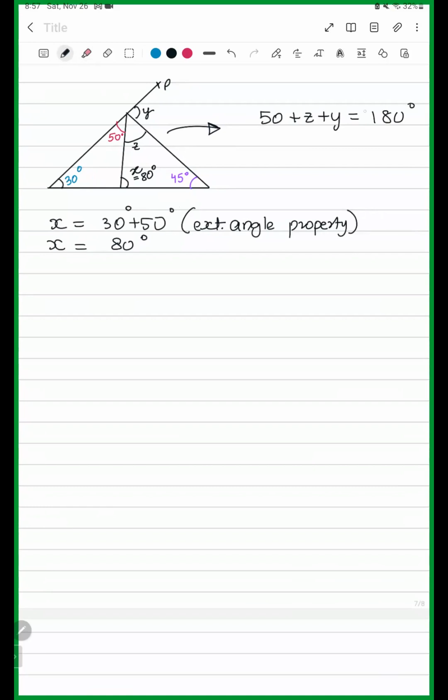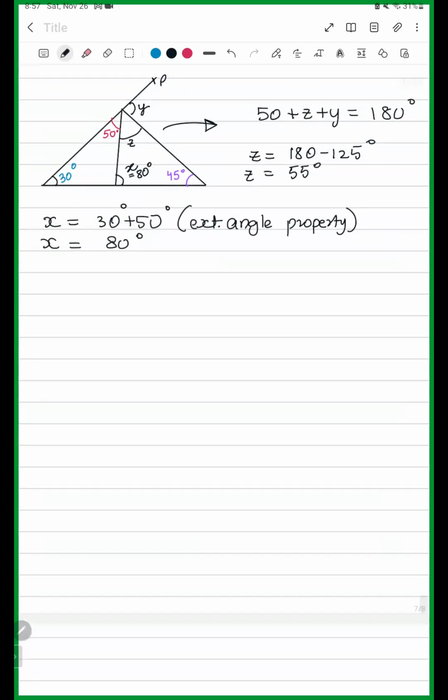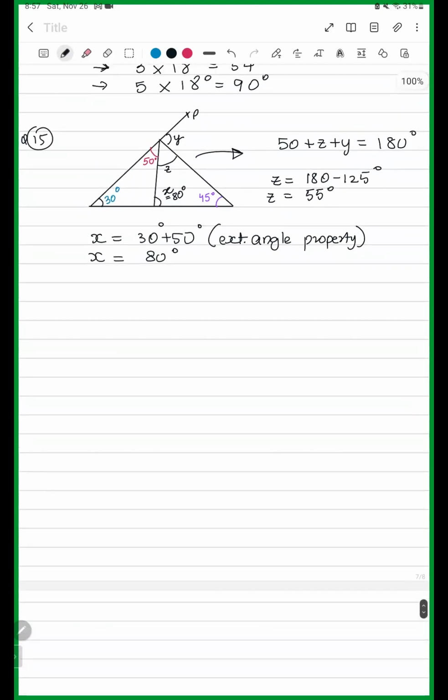So, can we find out z from here? Because if we find out z, then we will be able to find out y. How? Z plus 80 plus 45. Very good. So z is equal to 180 minus 125. And then z is equal to 55. Very good. So z is 55.